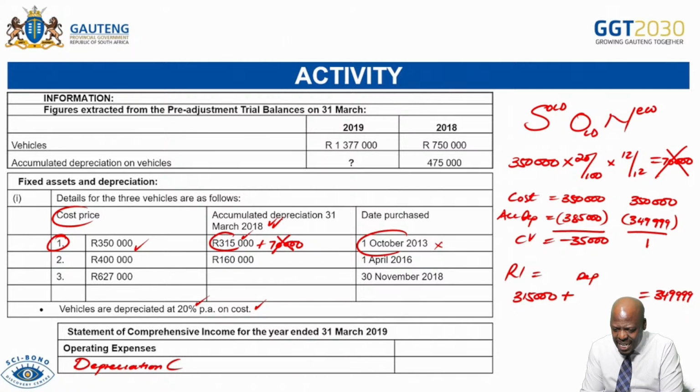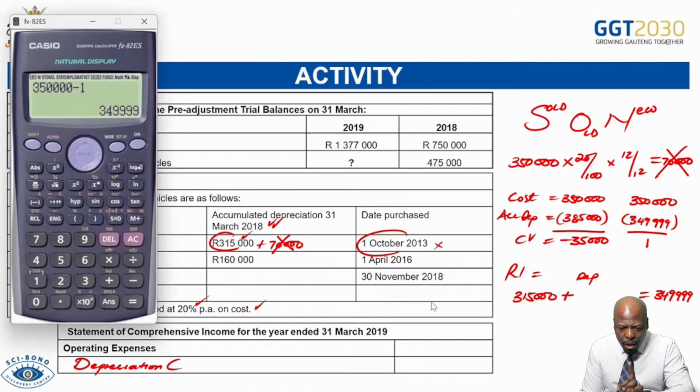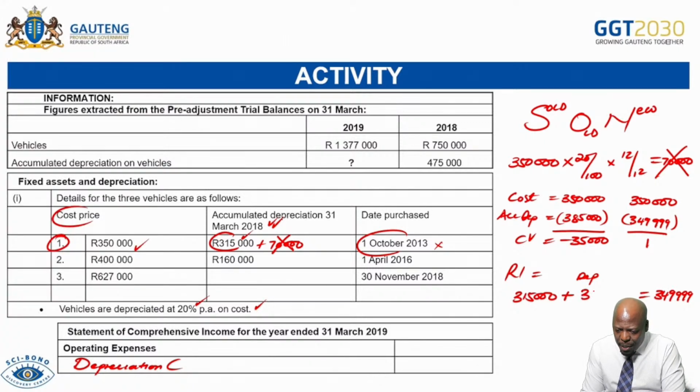So what am I going to add here? In other words, I'm simply saying 349,999 minus 315,000. That is going to give me 34,999. So my depreciation therefore becomes 34,999. My depreciation is not 70. 70 is wrong.